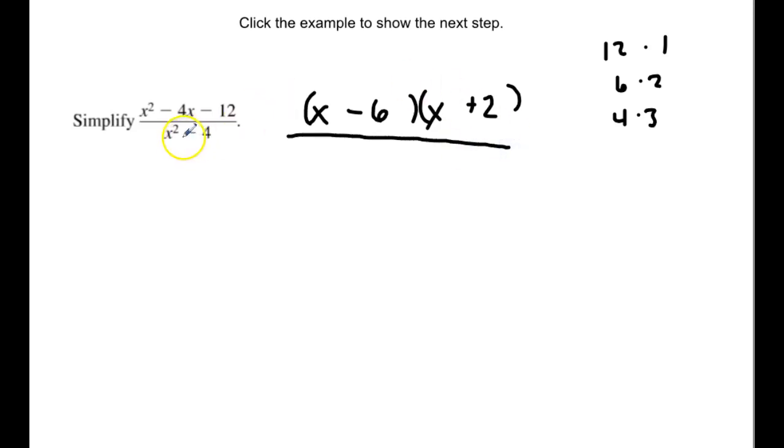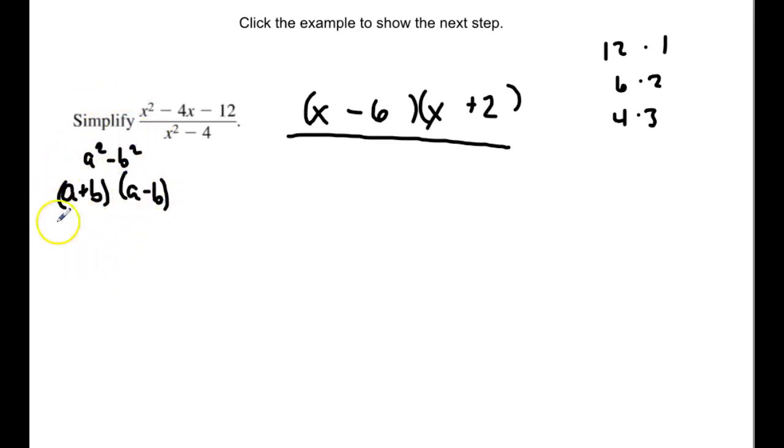Okay, now let's look at the denominator. I know I am also going to have to factor this. This looks like one of my special properties, because I know the square root of the first part and the square root of the second part, and I'm subtracting. This is what we call the difference of two squares. If I have a squared minus b squared, it ends up being a plus b times a minus b.